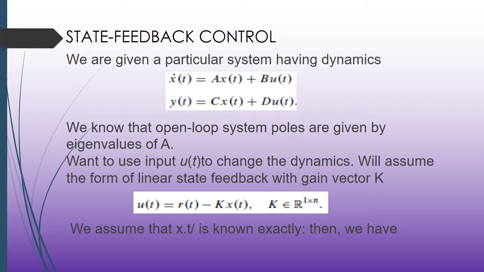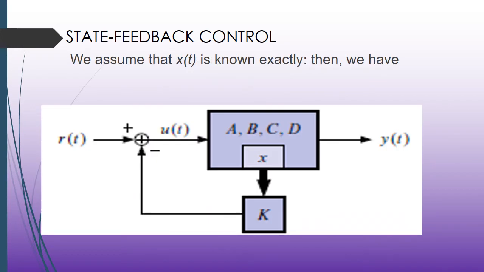We assume that x of t is known exactly, then we have this block diagram as a result of the formula. So we have an input of r of t, which is positive, and the negative input of Kx, which results to u of t.